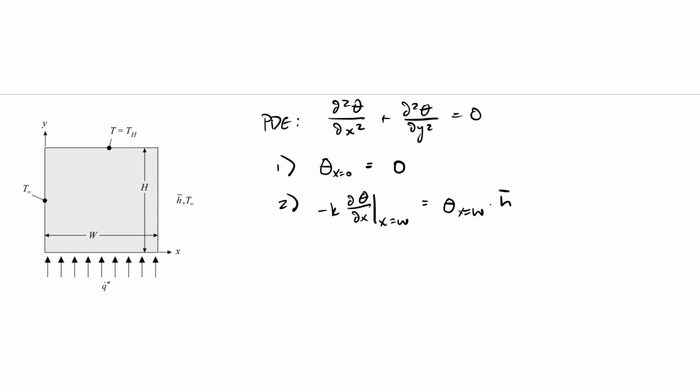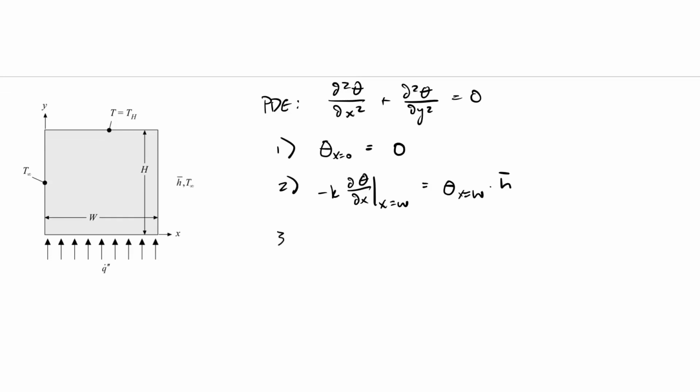All right, that's really all we need to solve it. We can continue on, but let's finish with our little transform here. In the y direction, the flux in at the bottom becomes q dot double prime is equal to minus k times the partial of theta with respect to y, evaluated at y equals 0.